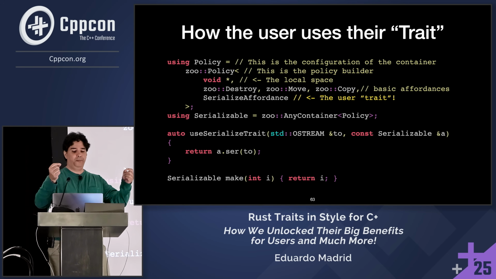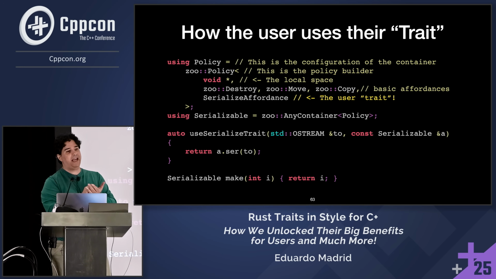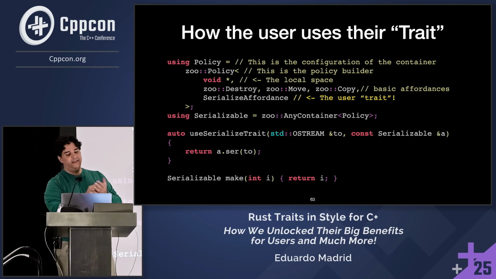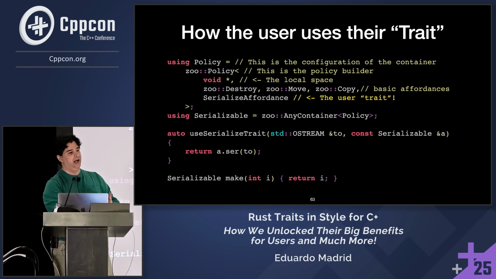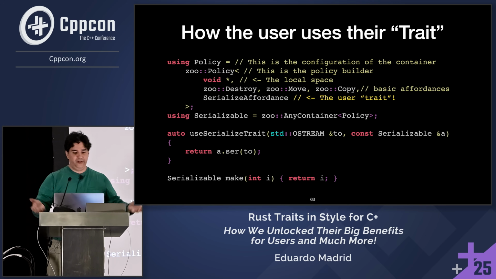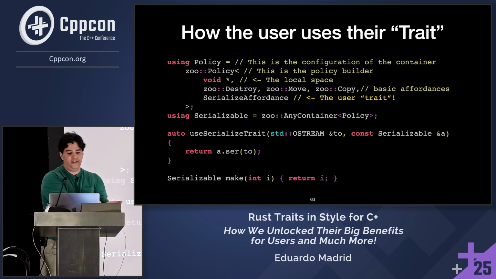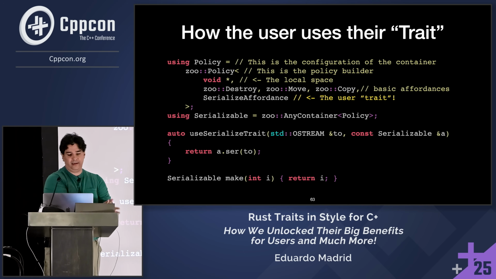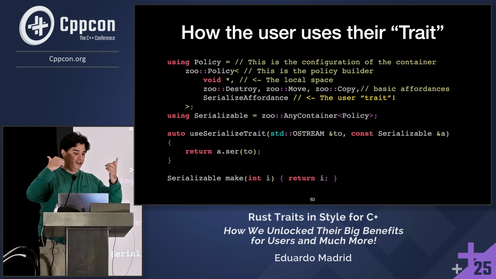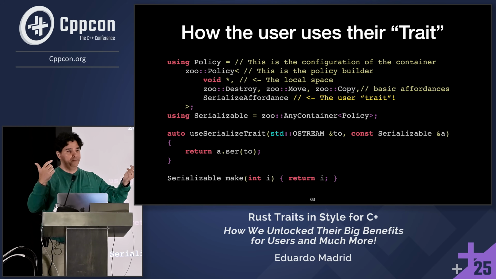Then the void pointer there, that is the specification of the local space. It's not that you're going to have a void pointer. It is that you're going to have something aligned and of the size of a void pointer to work locally to put values there, or perhaps a pointer to the heap. Okay, and those things are given to the policy builder in the framework. You can make the mental substitution of configuration for policy.